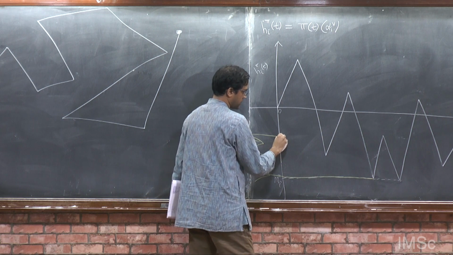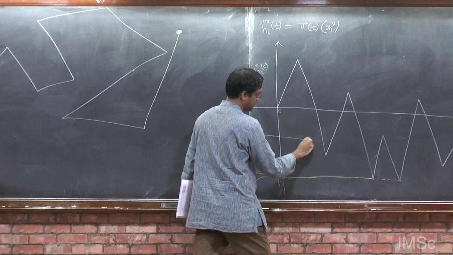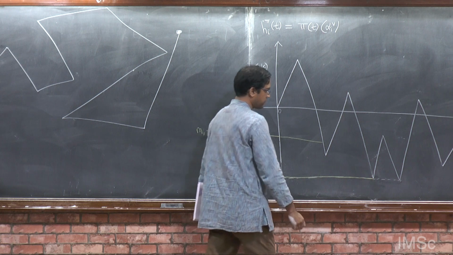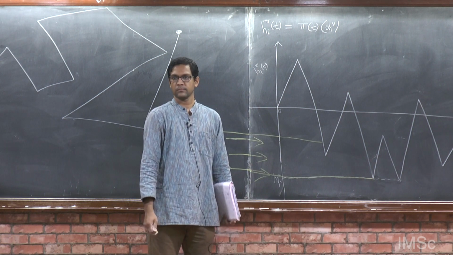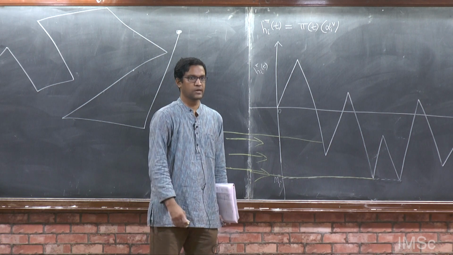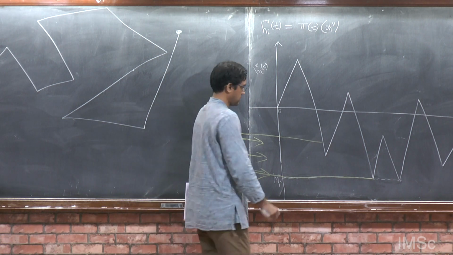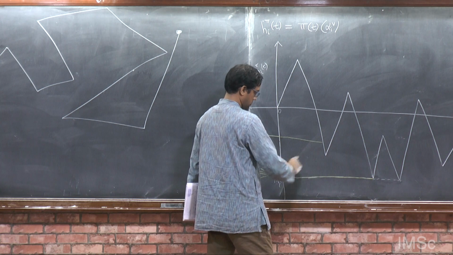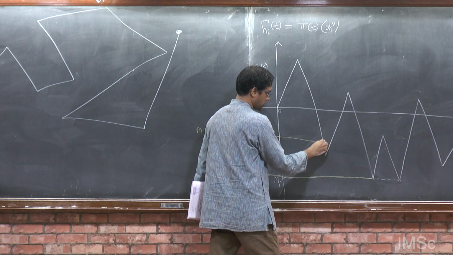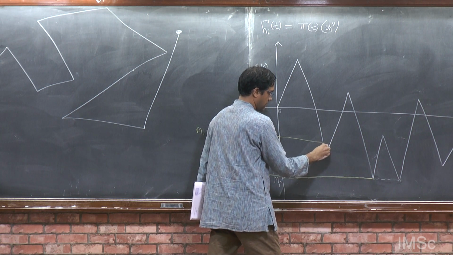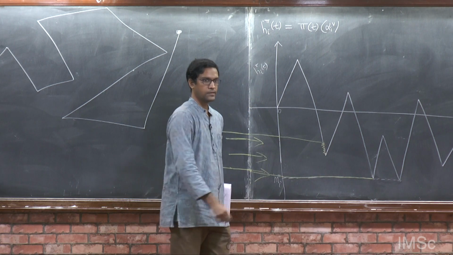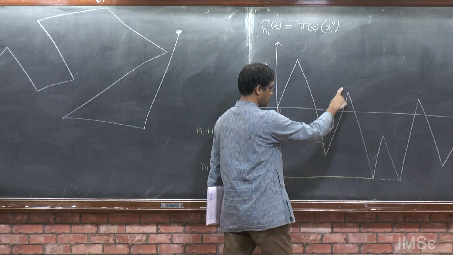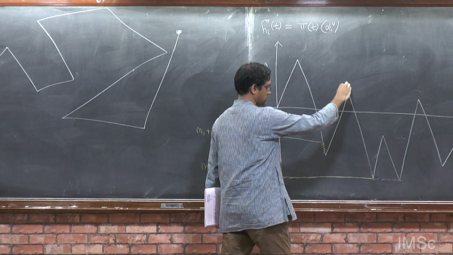Now I study what happens. When the light falls on this, I look to see which portions of the graph are illuminated. So the light falls like this. You can see this part of the graph is going to be lighted up. Now this mountain here is in the shadow, right?